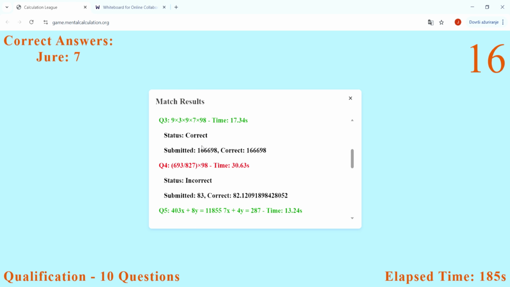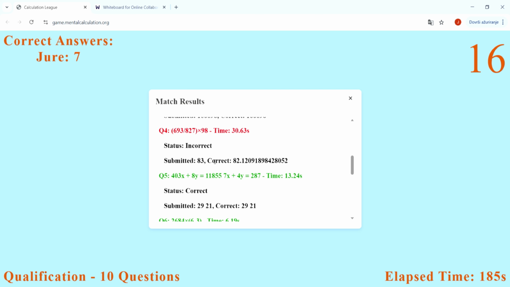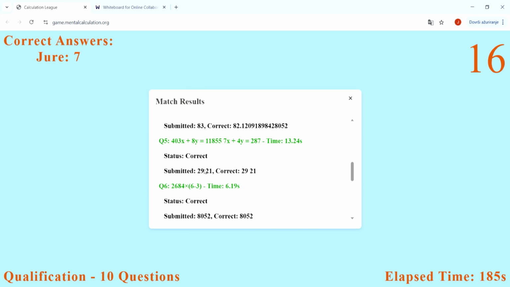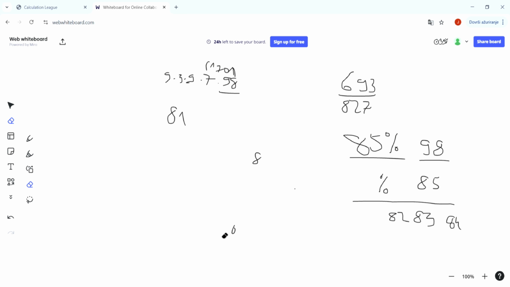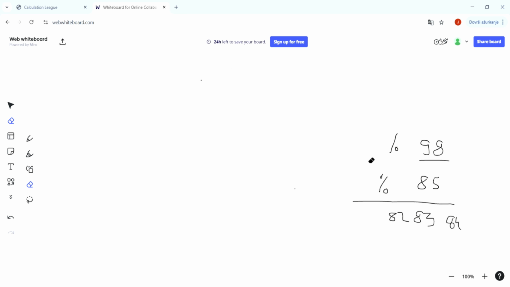Okay, so the next task is this one, and these were new and very weird when they first got into the competition. So what should you do here? I will just delete all this stuff for a second. You should search for a number in one equation.